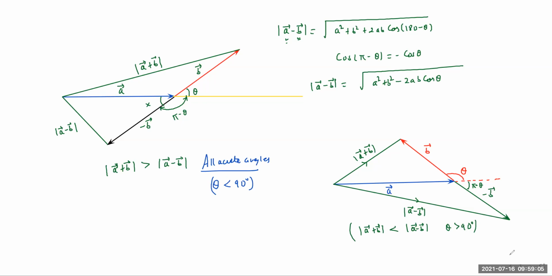So what is geometrically obvious can be proved mathematically: the mod of A plus B is just Pythagoras. Finding the resultant of two perpendicular vectors is pretty easy. You just add the squares, following Pythagoras.